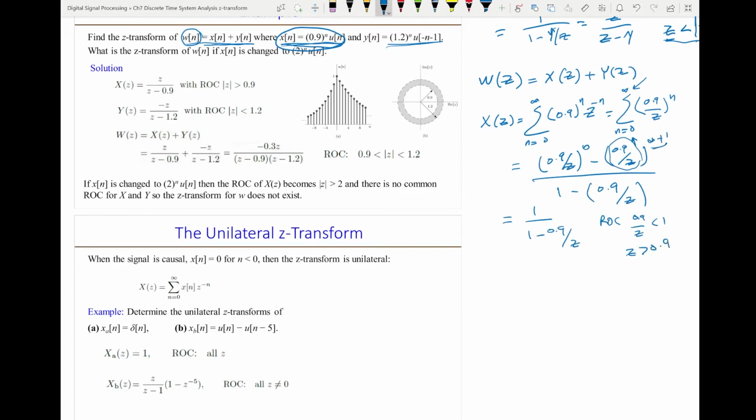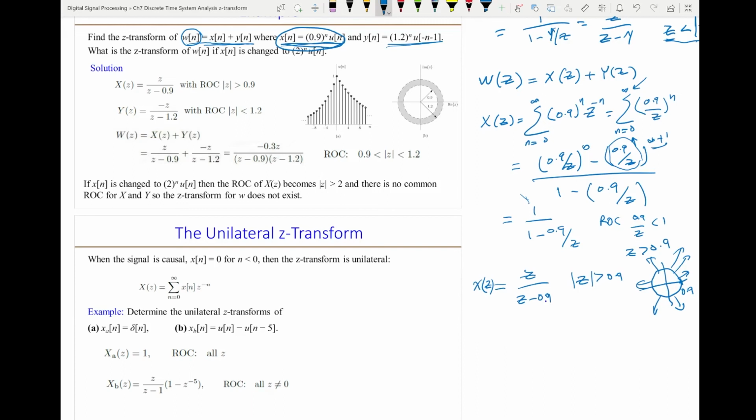So for this X of z, multiply numerator and denominator by z, and you will get z over z minus 0.9, for the magnitude of z larger than 0.9. And if we plot it, the region of convergence will be everything outward of the circle at 0.9.